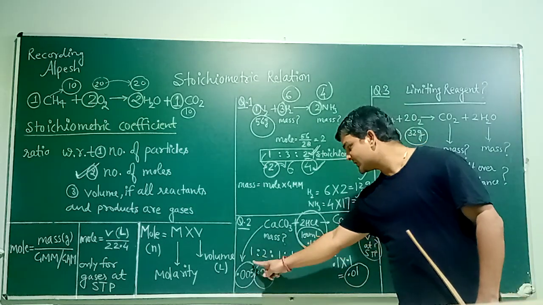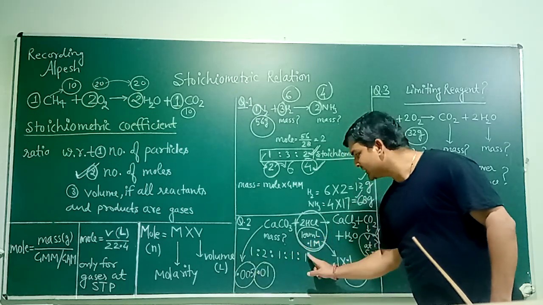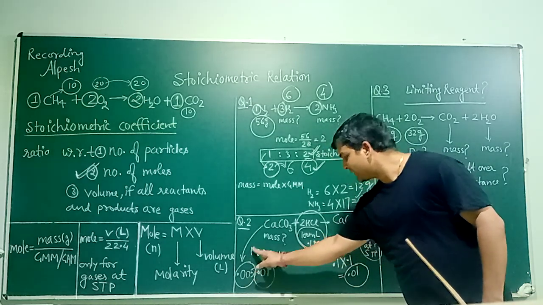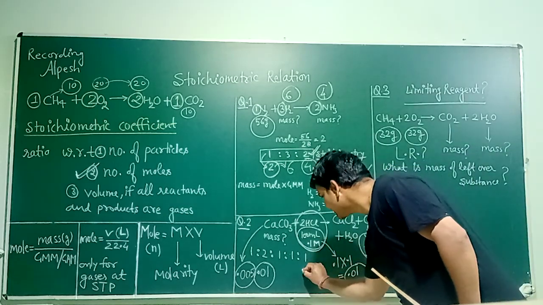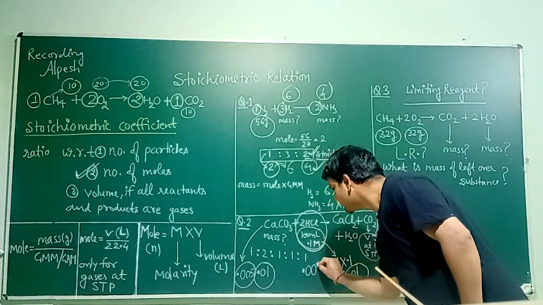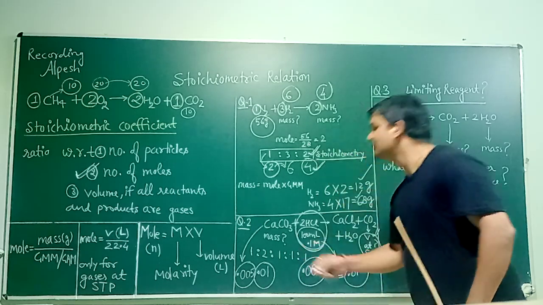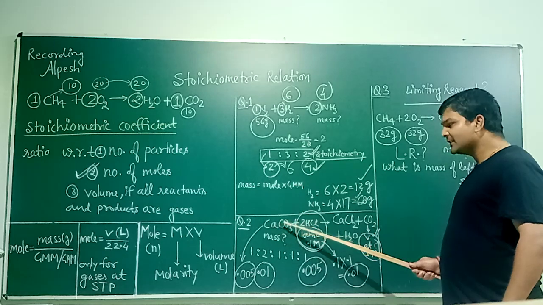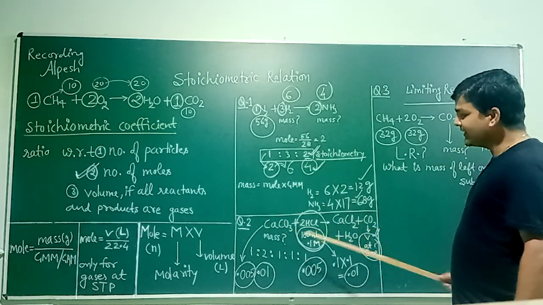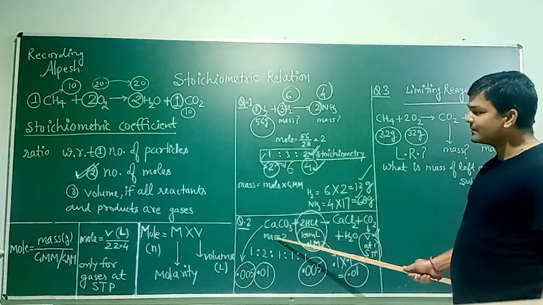Here also the ratio is, either you can read here, 1:1. It means calcium carbonate and carbon dioxide will have same number of moles. So moles of carbon dioxide is also 0.005.